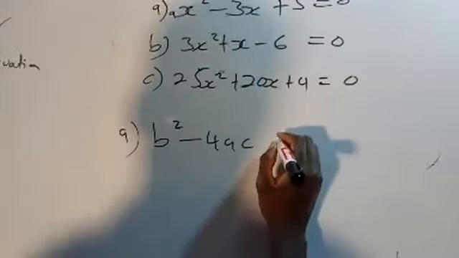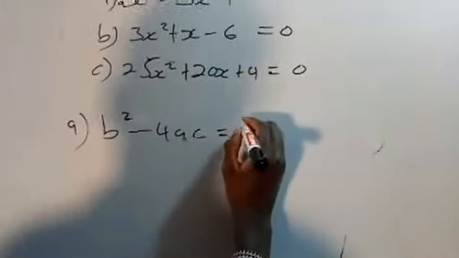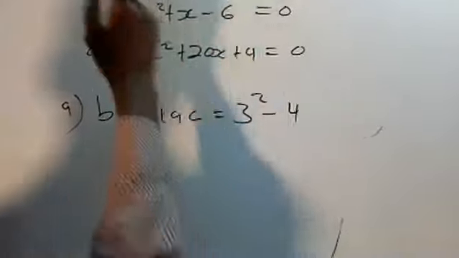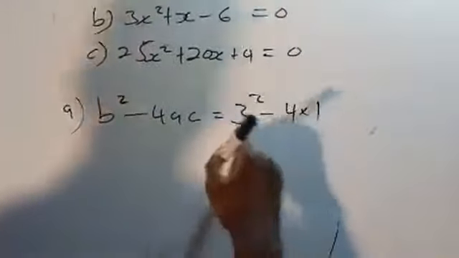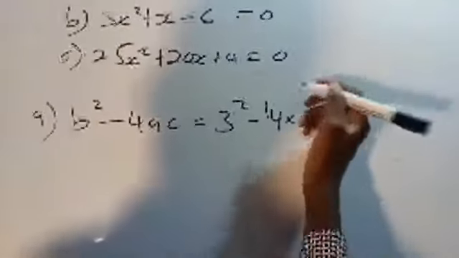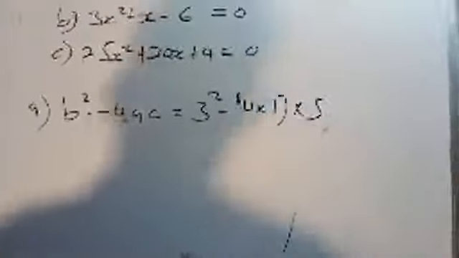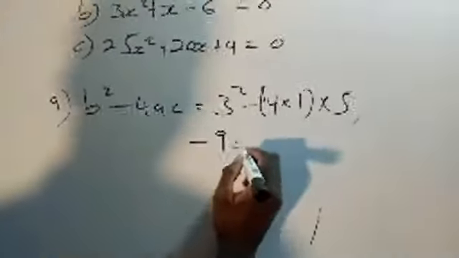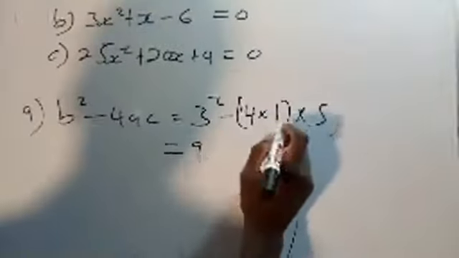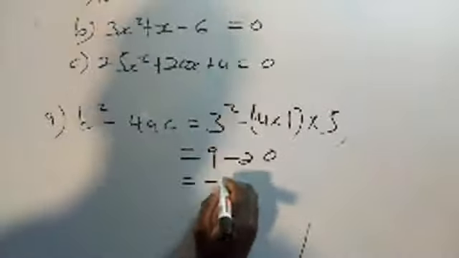So when we substitute in, b is 3, becoming 3 squared, minus 4 times a which is 1, times c which is a positive 5, becoming 9 minus 4 times 1 times 5, which is 20, so 9 minus 20, becoming a negative 11.